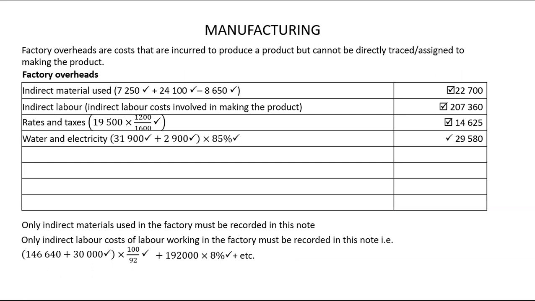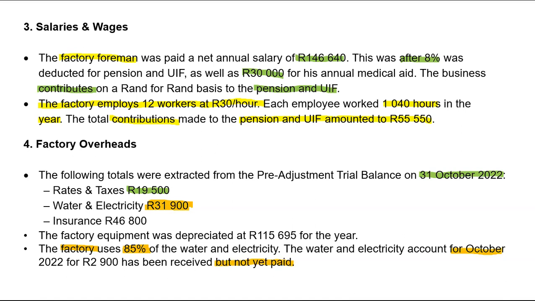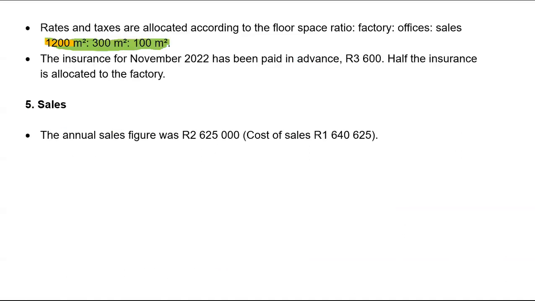Let's read further. And then we've got insurance. Let's see what they say about insurance. This was quite easy though. Your adjustments are quite easy, okay? We did adjustments under your statement of financial position or statement of profit or loss, so you shouldn't be struggling.